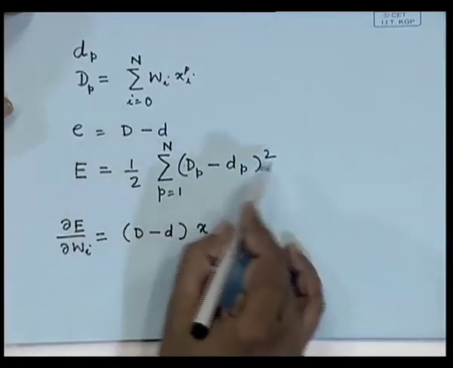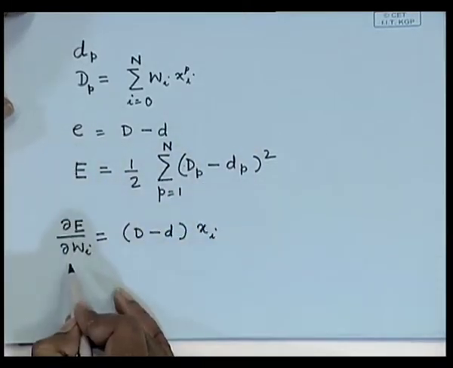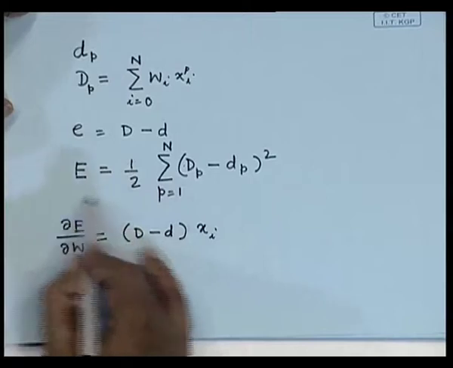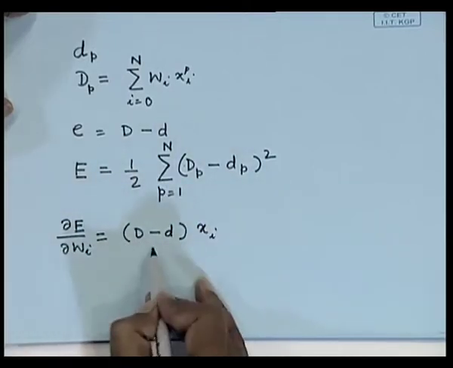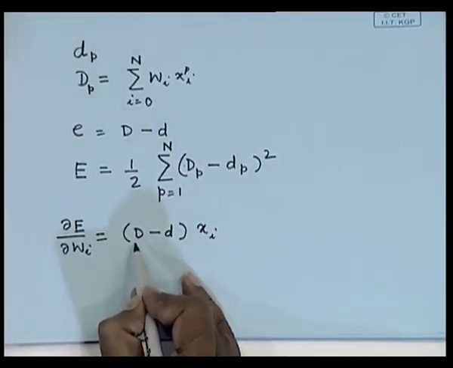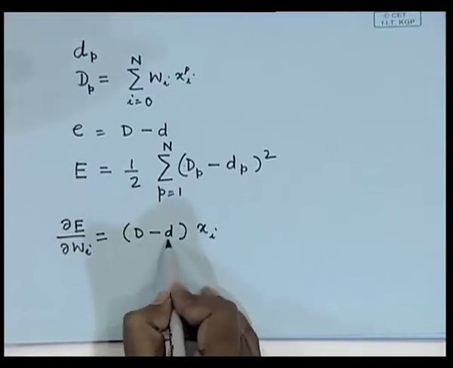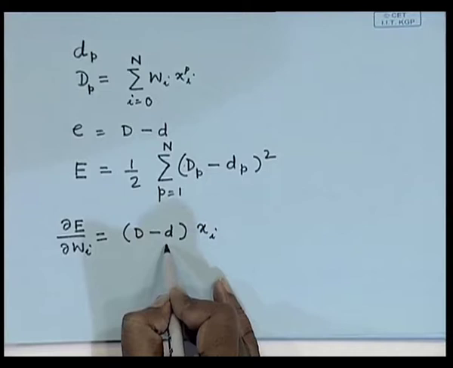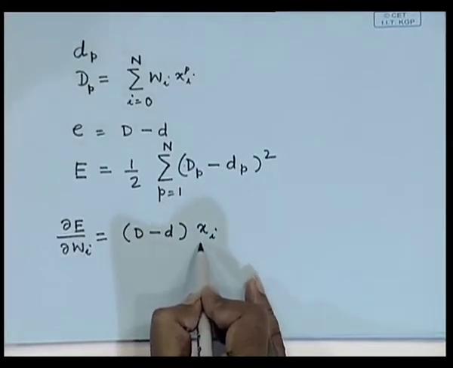If you differentiate this with respect to w_i, then what I get is d minus D, where D is the actual output that I get and lowercase d is the target output. So d minus D is the error that I can easily compute, into x_i.